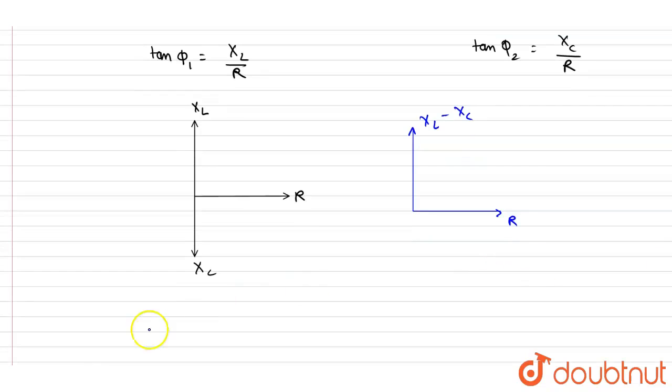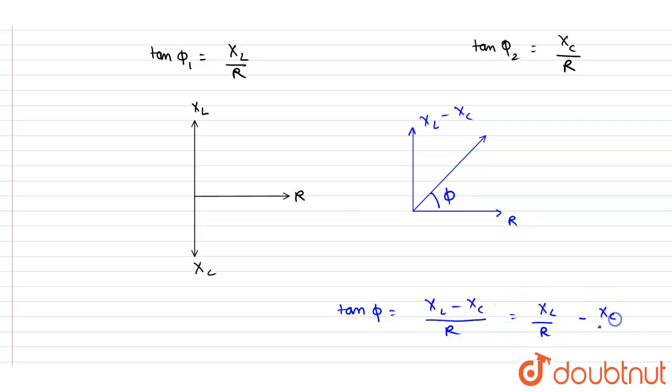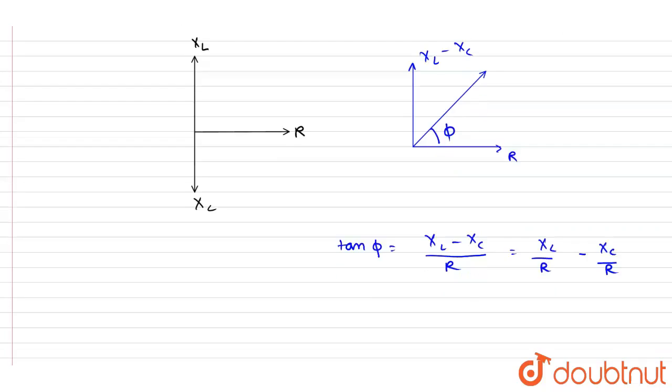So I will write down, if I say this is making a phase phi here, tan phi is simply XL minus XC by R, that is XL by R minus XC by R. Put the value.